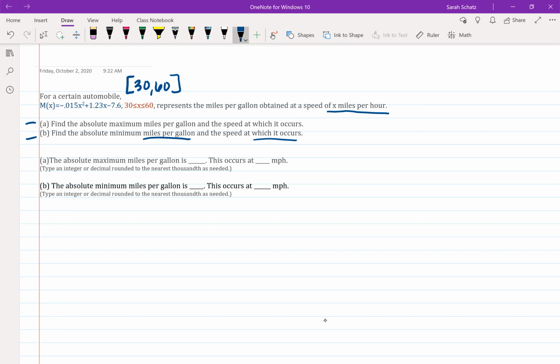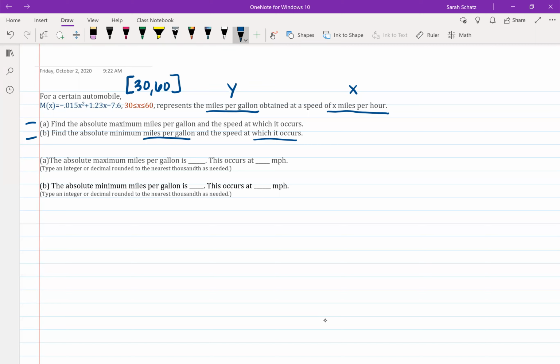And then the miles per gallon, that's going to be the y. So this is x and this is y. But remember, when you're looking for x max and min, just make sure you know that you're finding x values. And then we will find the y's, but we need to find the x's first.